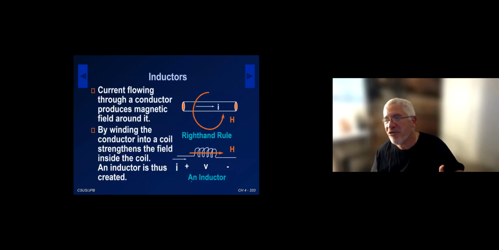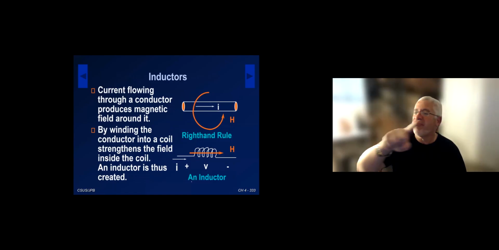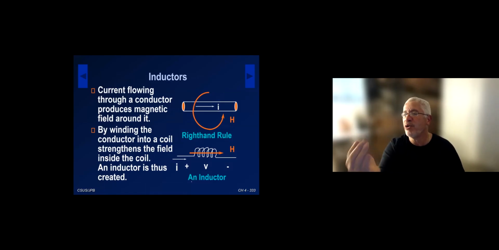If you remember your physics instructor, current that flows through a wire produces a magnetic field, and you can tell your physics instructor was doing the right-hand rule to show you the orientation of the field, basically around the current that's flowing up, and then your right-hand rule tells you the direction of the magnetic field, right?